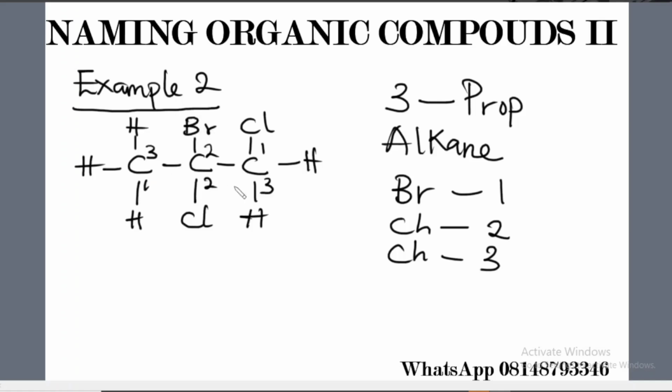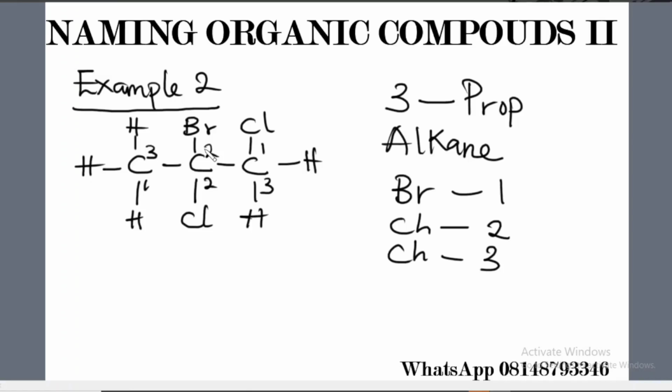Counting from left to right, bromine is placed at the second carbon. The lower numbering here is 2. And then from right to left, bromine is placed at the second carbon. The upper numbering here is 2. So which one do we go with? Do we go with the lower numbering or the upper numbering? I prefer the upper numbering. So let's go with the upper numbering.